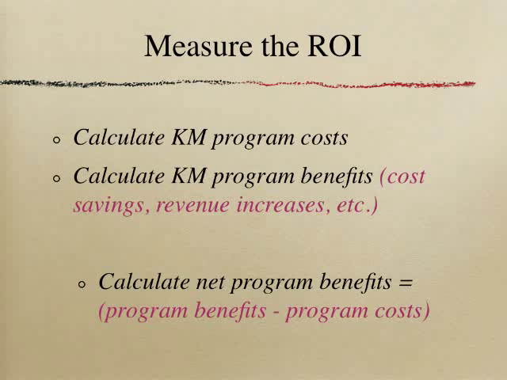So if we look at this from a pure business perspective, from the financial impact perspective, we want to look at what's our return on investment, what's our ROI from our knowledge management project. So if we think about it in a simple sense, our knowledge management program has costs.